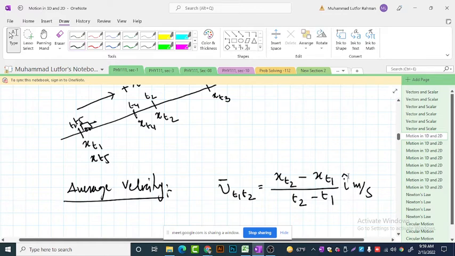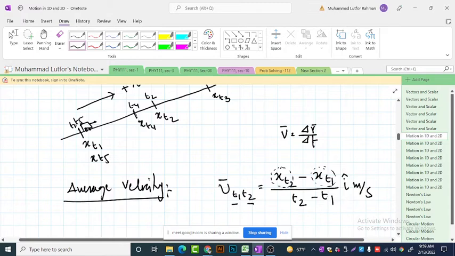How did I write it? I wrote the general definition of velocity, the rate of change of position, which is del r divided by del t, because I am considering the time between t1 and t2. So I take the position of the car at time t2, which is x at t2, and the initial position at time t1, which was x at t1, and I divide by the time, which is t2 minus t1.